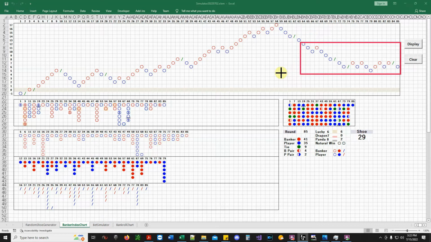Because a lot of times when you're betting on the right side of the market and the market is in confluence with what you're doing, if you're looking for a banker on that run up right there, there's no reason why you should be betting player at any time doing this right here.